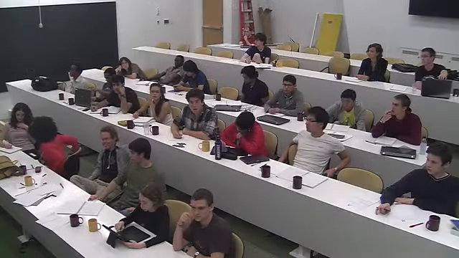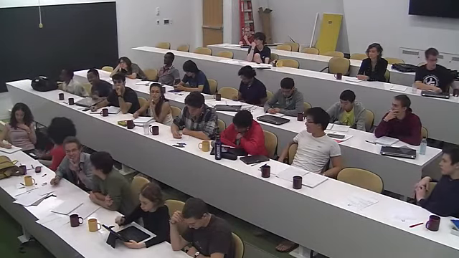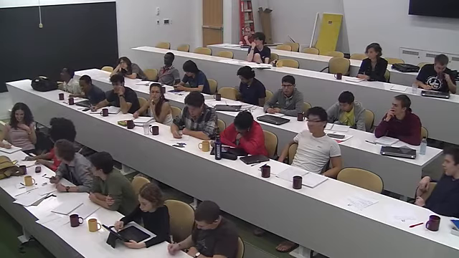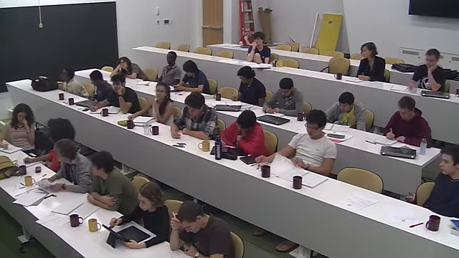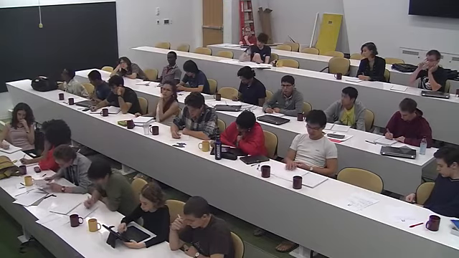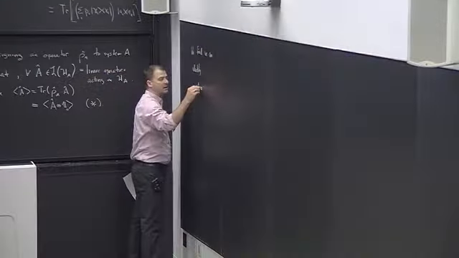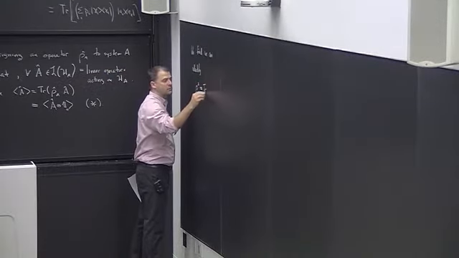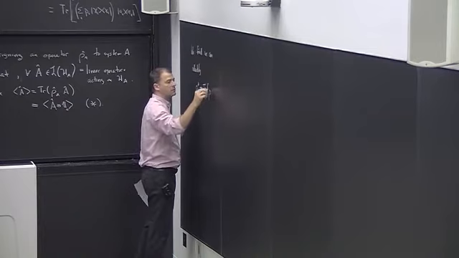All right, so the upshot of this is we can identify rho of system A as what's called the partial trace over system B of rho.